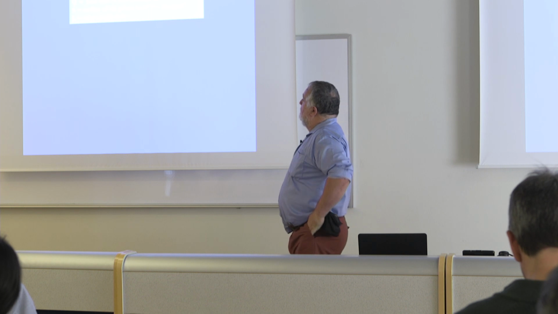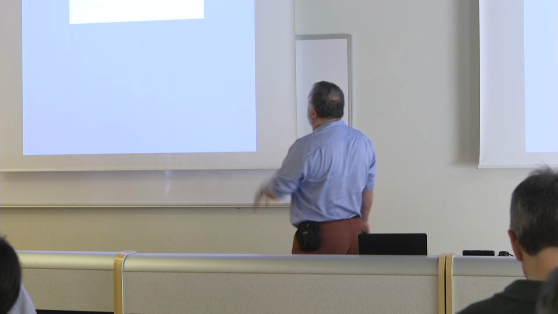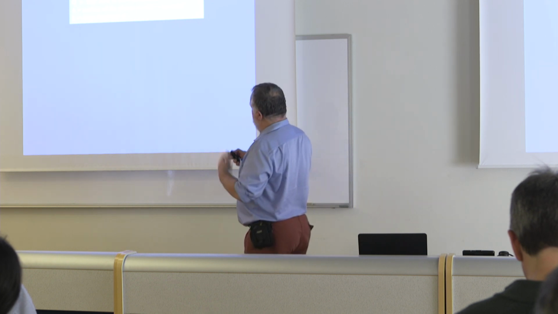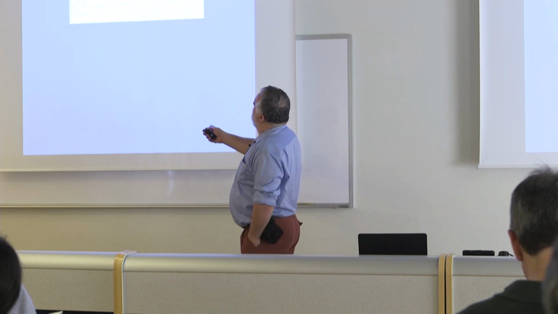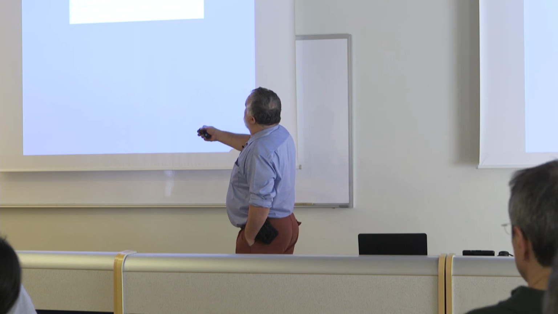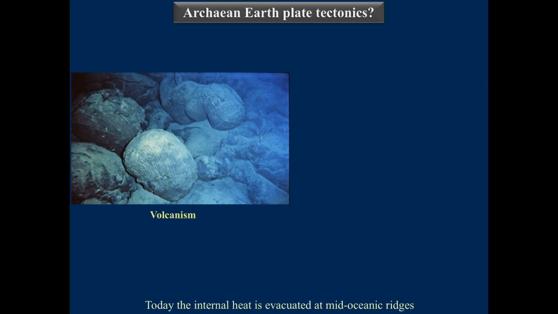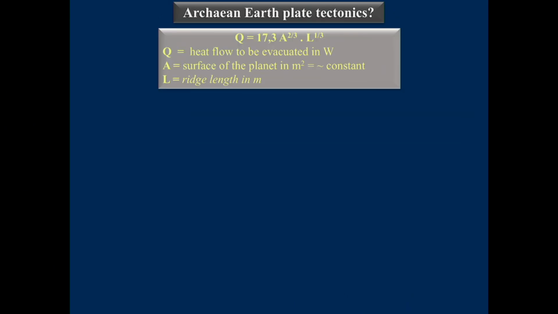So many years ago, a researcher proposed that we can correlate the amount of heat to be evacuated to the length of the ridge system. And that means that, for instance, here you have a cubic square.